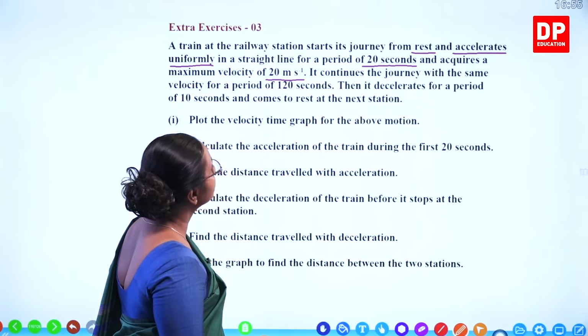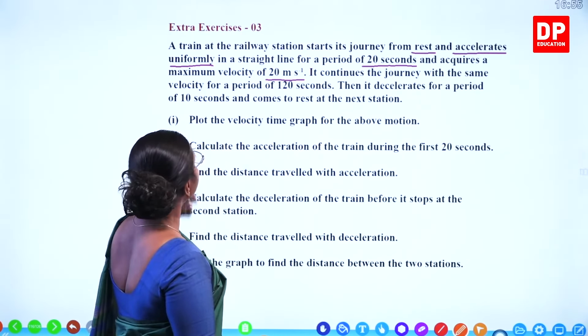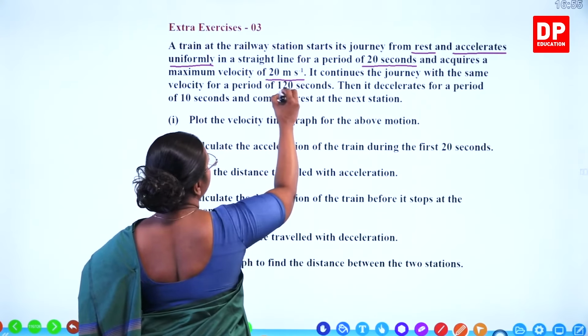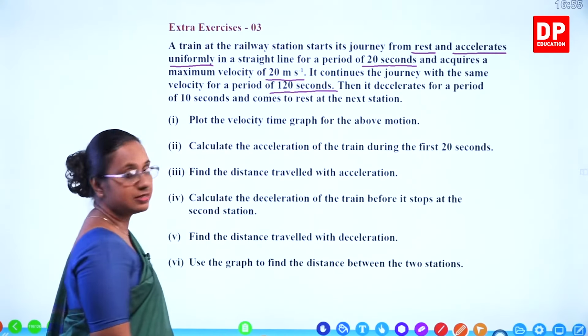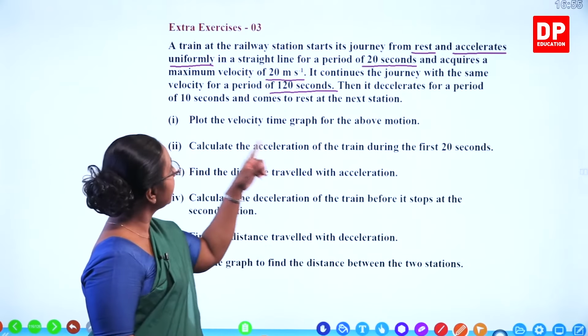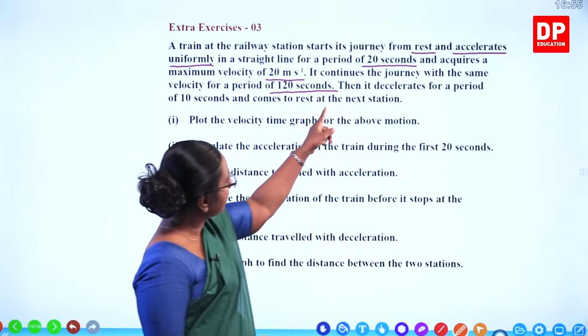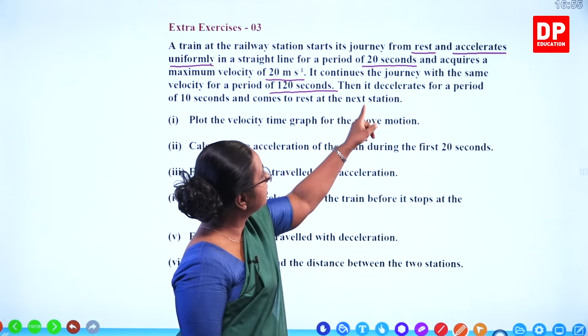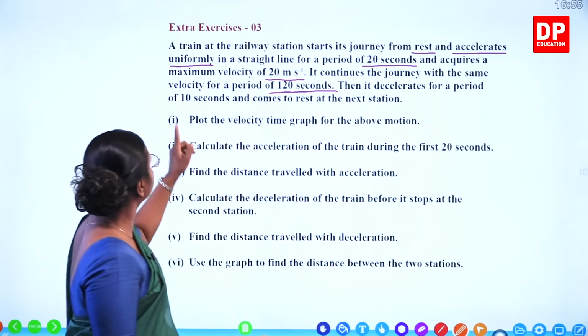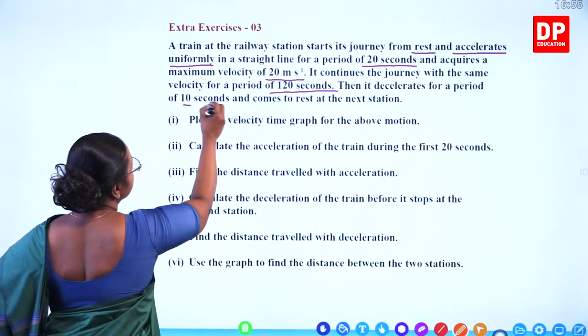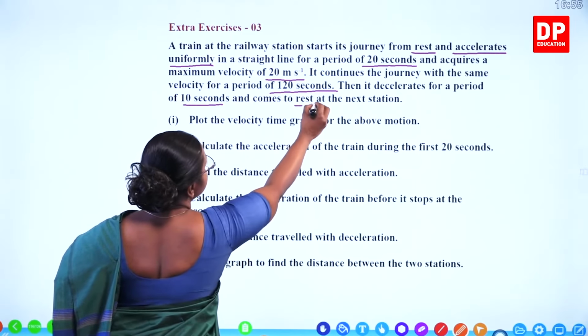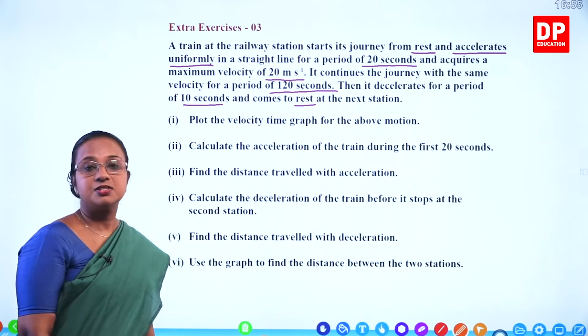Then it continues the journey with the same velocity for a period of 120 seconds. So here same velocity. And finally, then it decelerates for a period of 10 seconds and comes to rest at the next station.